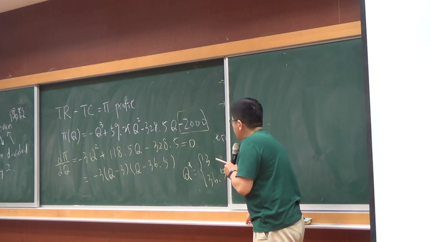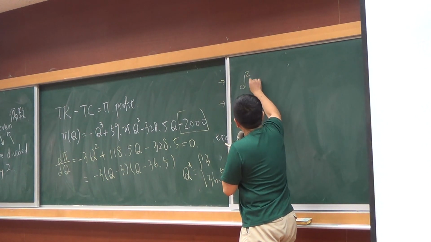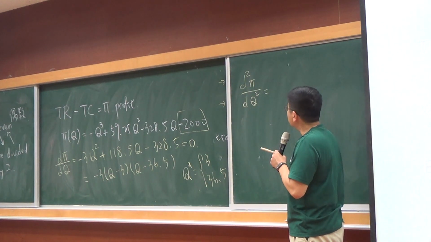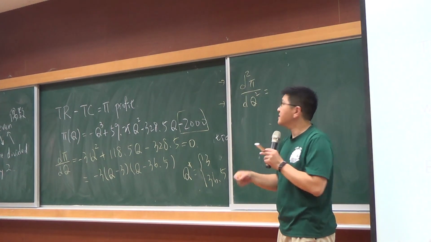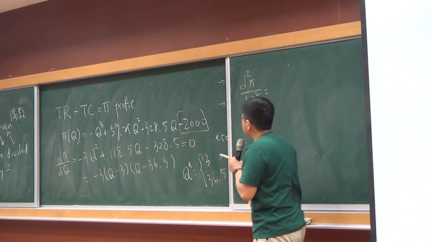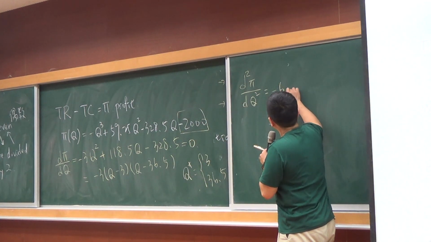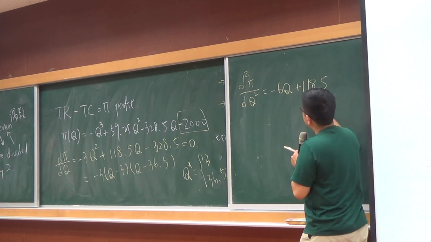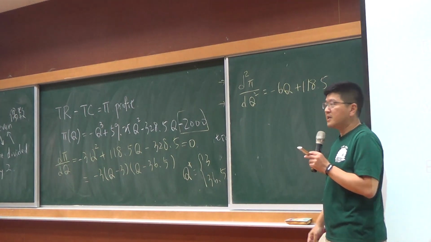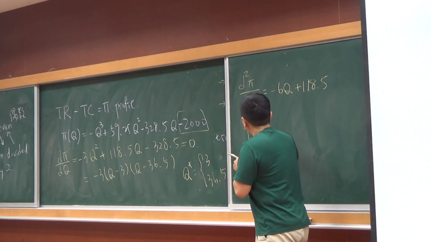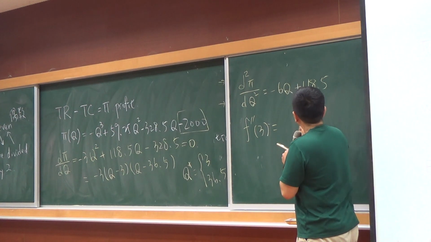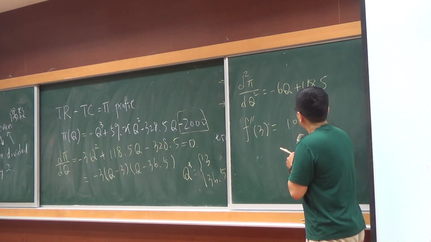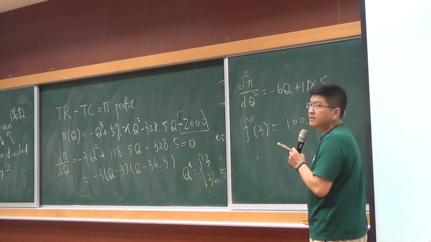So let's check the second order condition. We differentiate pi with respect to q twice. So this is the first differentiation, and then minus 6q plus 118.5. This would be the second order condition, right? So f double prime of 3 would be 100.5, which is positive.